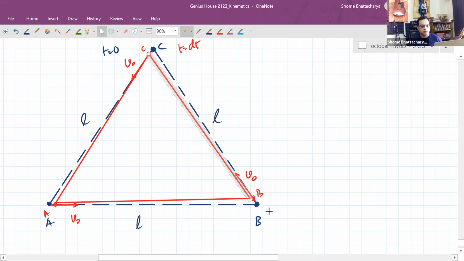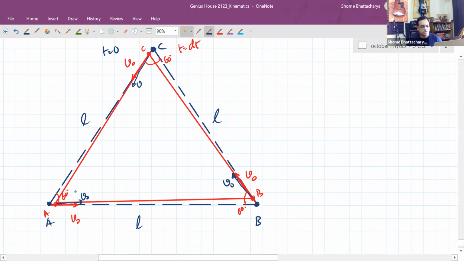So while the velocities have changed in direction, the angles would have remained the same. Now this one's velocity is in this direction. This one's velocity has turned slightly. It has become in this direction. This one's velocity has turned slightly. It has become in this sort of direction. But still, earlier also the angle that the velocity vectors were making was 60 degrees. This was 60 degrees, and this was 60 degrees.